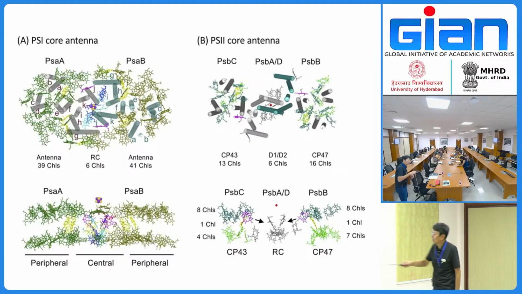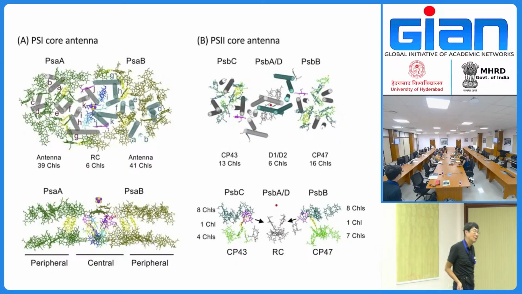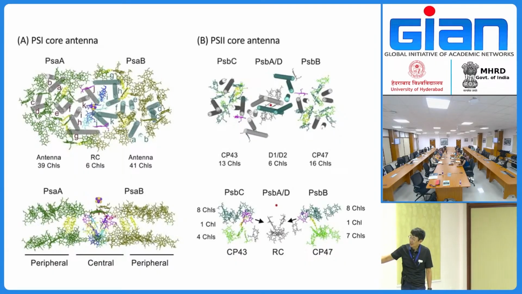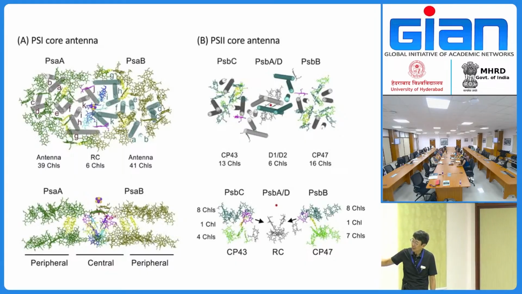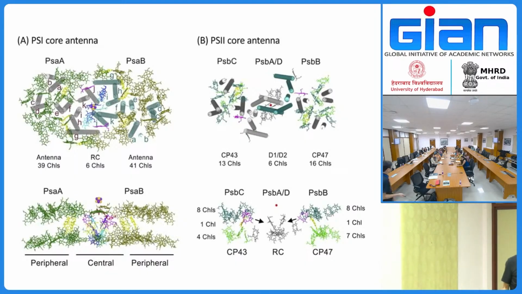In the middle, you don't see many pigments. That is the case in PS2, no? Stroma side, luminal side, and stroma side have more chlorophylls, and in the center, less chlorophyll.